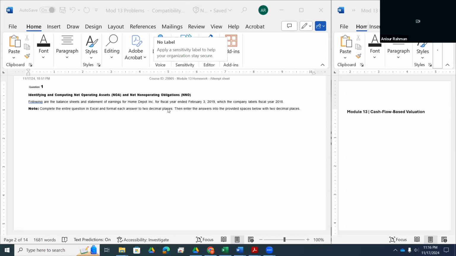The first problem we are going to look at is question 1, identifying and computing net operating assets and net non-operating obligations. So we have a balance sheet and a statement of earnings. We have to complete the entire question in Excel.